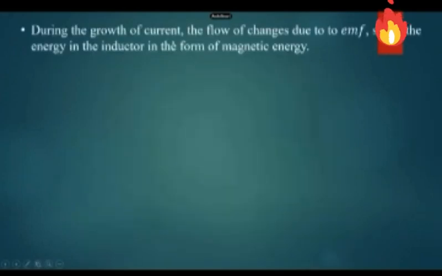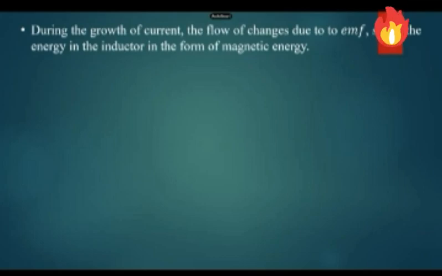So, if you compare both the growth of current and the decay of current: during the growth of current, when a battery is connected, the flow of charges due to the EMF stores energy in the inductor in the form of a magnetic field. When the battery is connected to the series RL circuit, magnetic energy starts to be stored in the inductor.